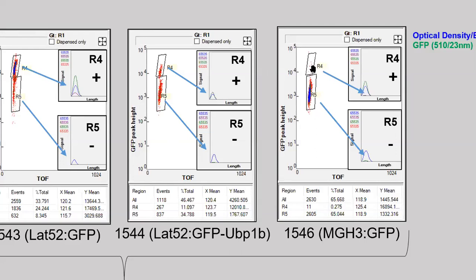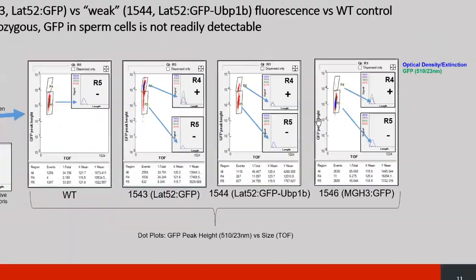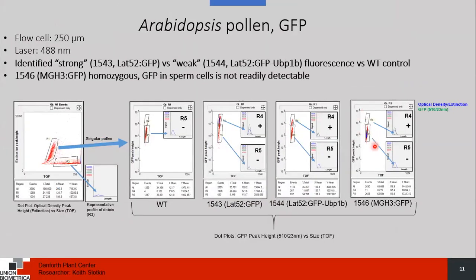Maybe that would allow you to understand what's happening in these pollen that allows a greater level of GFP expression, since this normally only expresses in male gametophyte tissue, which really is present at a very low level in Arabidopsis pollen. Therefore, you wouldn't expect much GFP expression.